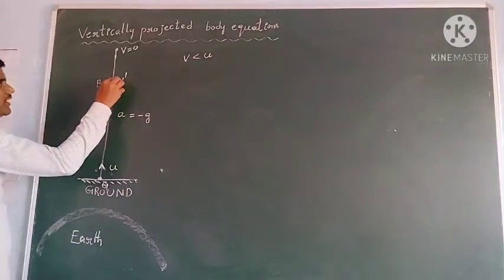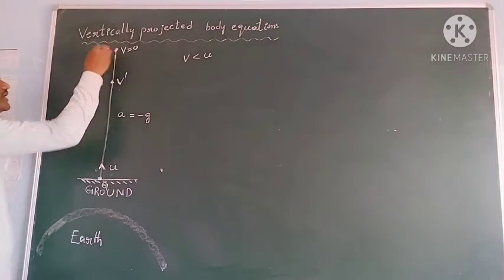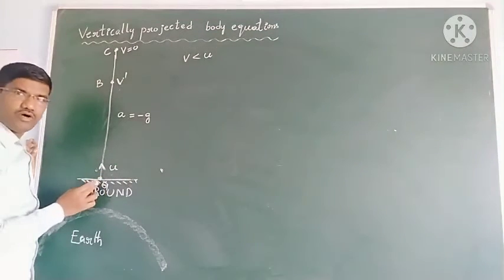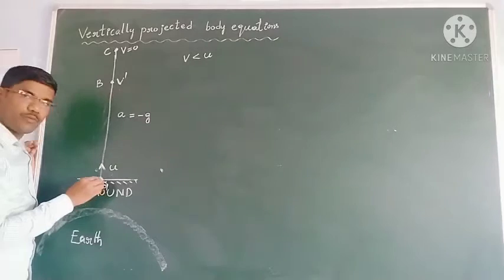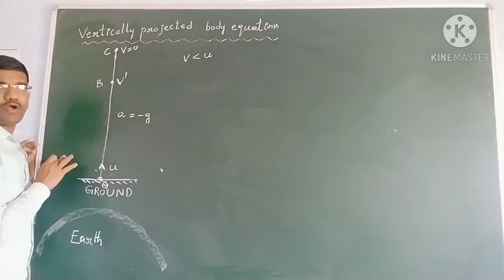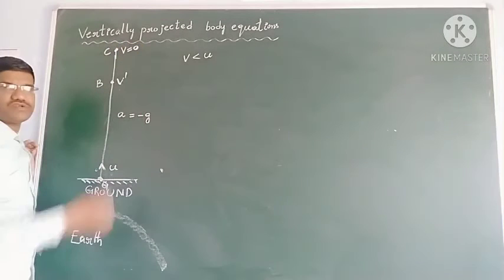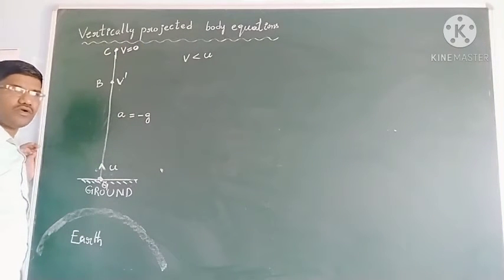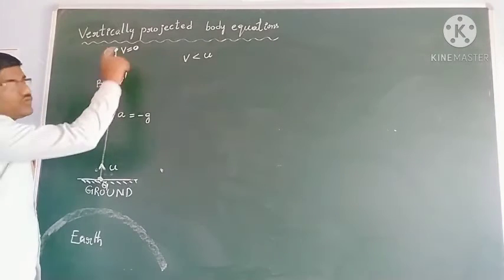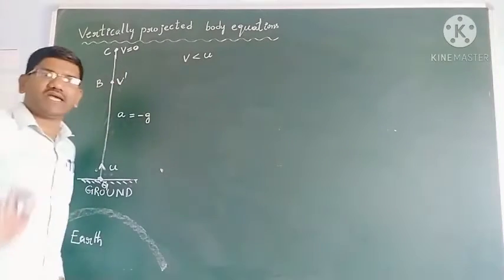From the point of projection you can reach to C point only. At the C point its final velocity is 0. Whenever its velocity is 0, the height attained is called maximum height.